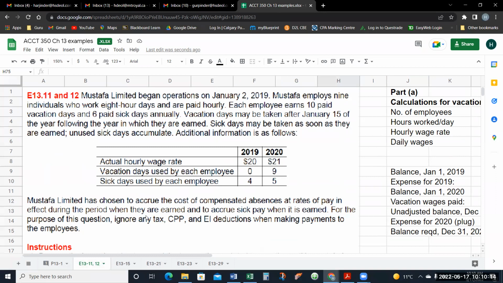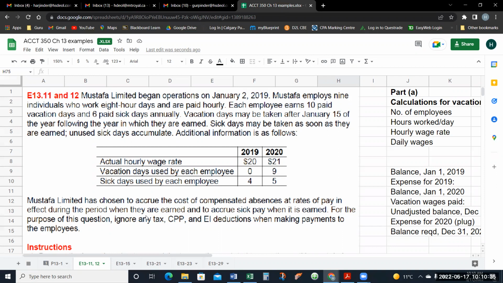Now that paid time off could be for vacation days, right? So vacation days, companies are sometimes legally required to provide certain days of vacation to employees, or they could be on account of employee being sick, so that the companies do provide certain number of sick days to employees.